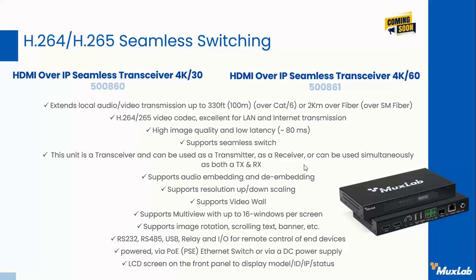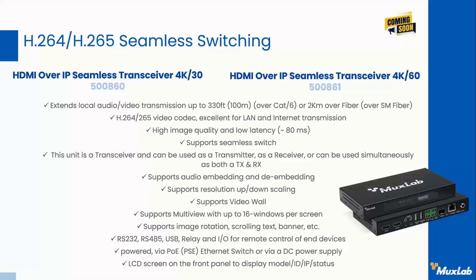This category of product is also unique in the sense that it's a full transceiver. That means you only need 1 box to make it operate as a transmitter or receiver, but it also operates as a transmitter and receiver simultaneously. So there's no configuration to do, it just always works.